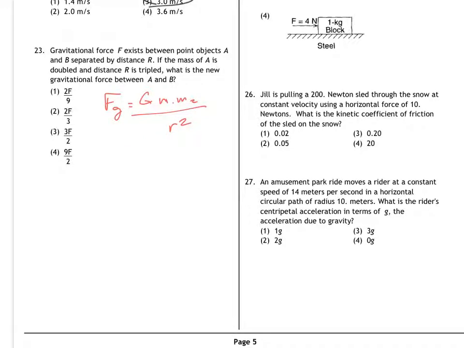Doubling mass A has a direct relationship with Fg, so I'm going to put a 2 there. But the 3 is an inverse square with the Fg, so we have to square the 3, that's going to be a 9, and it's in the denominator, so it's 1/9 of the original value. And 1/9 times 2, F is going to be 2F over 9. So choice 1 is the best answer for that question.